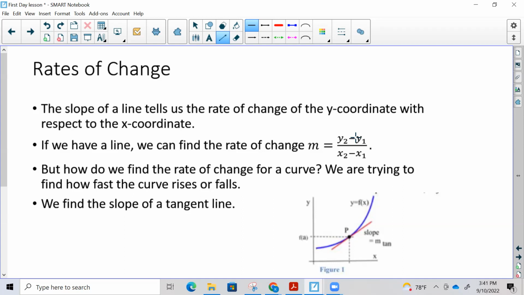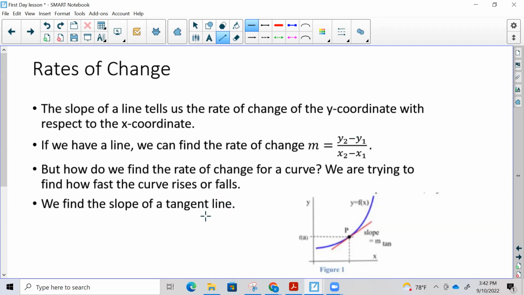A lot of them are modeled with much more complex equations and graphs. As a result, we need to be able to find the rate of change of any type of graph. So how do we tell how fast a curve rises or falls when it's not linear?